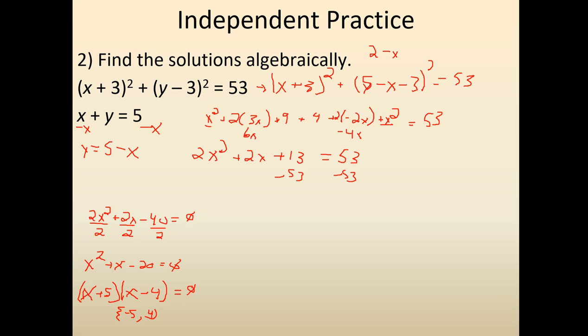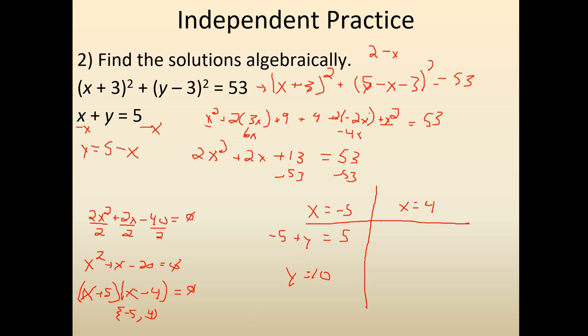So putting both of those into the linear equation, I get this. So over here I get negative 5 plus y equals 5. So adding the 5 over to the other side, I get y equals 10.